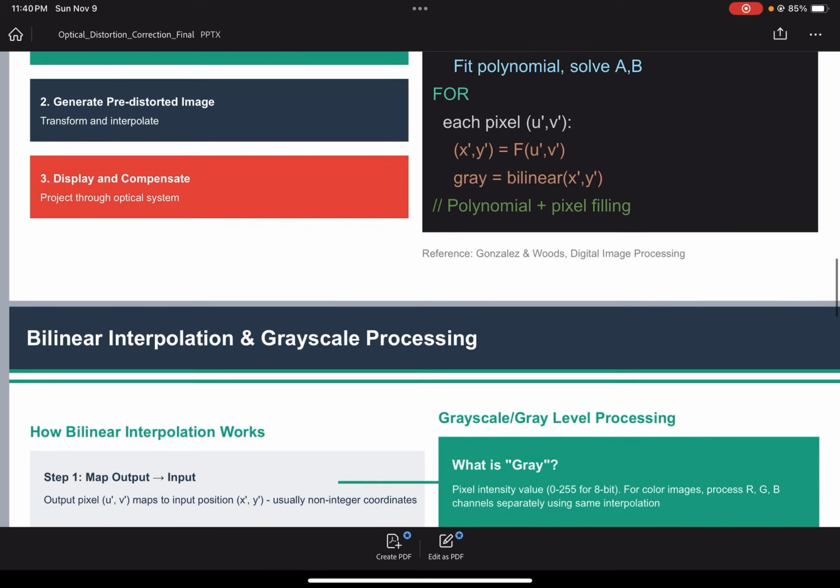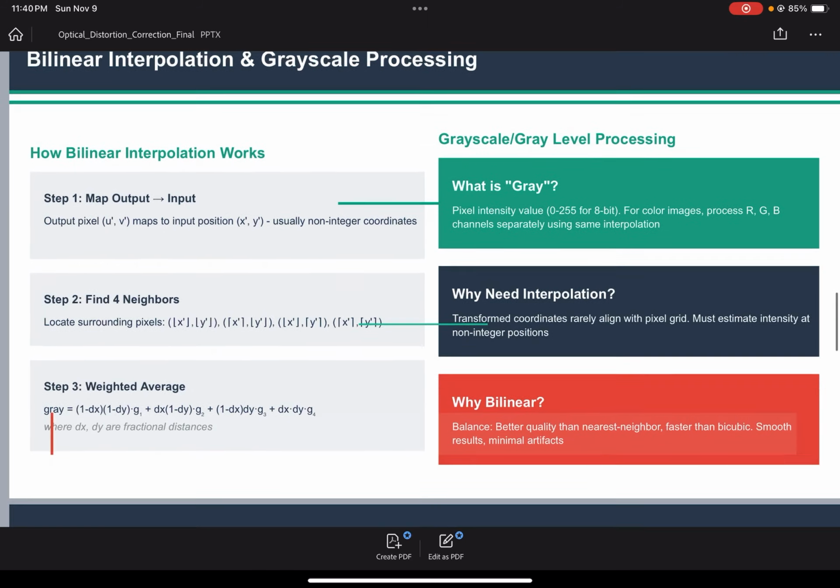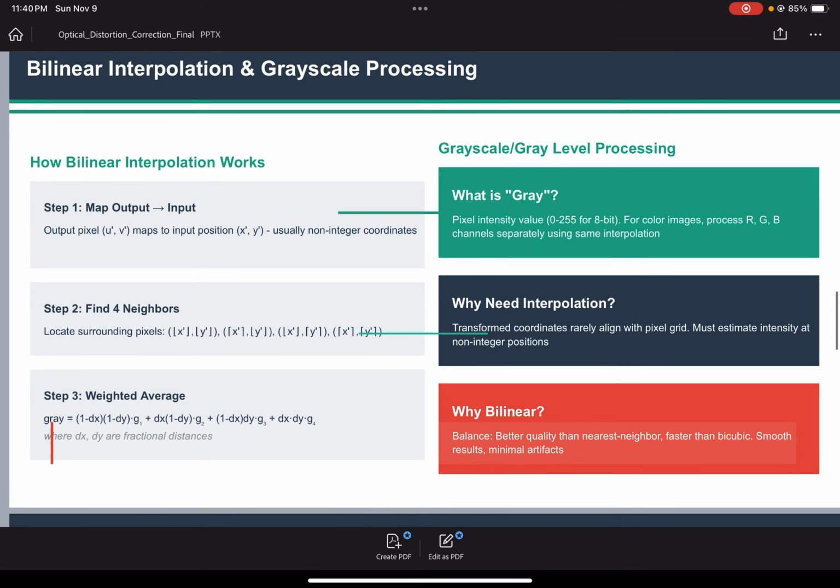So let me go to the next slide, which is bilinear interpolation and grayscale processing. Now let me explain in detail how bilinear interpolation works and what we mean by grayscale processing, because this is a crucial part of the correction algorithm. Bilinear interpolation happens in 3 steps.